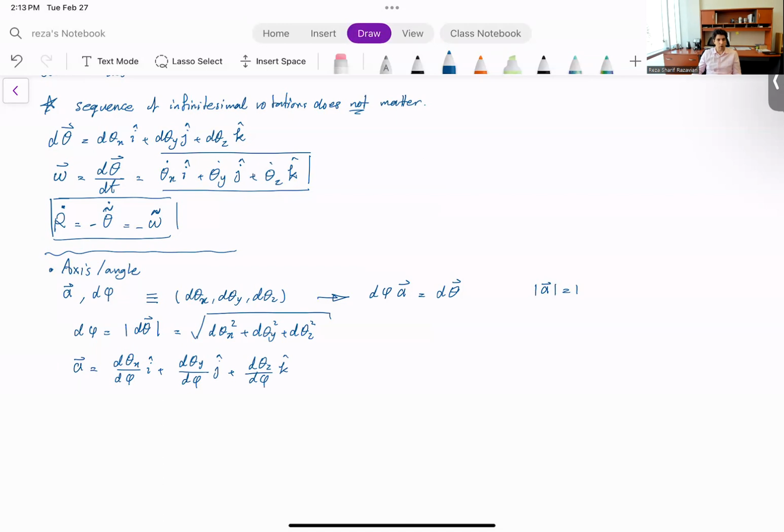So if you know your tiny rotations about the XYZ axes, you can very easily define the axis and angle of rotation.